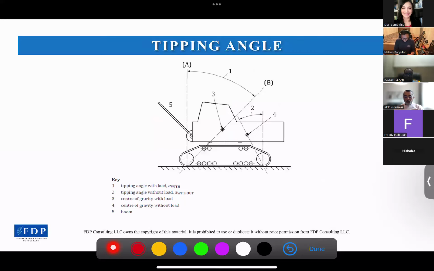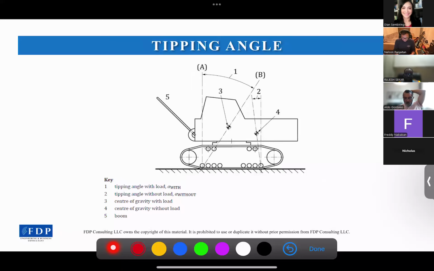And now for the crawler crane, the same concept is used here, the tipping angle is calculated according to where the COG is located. If the COG is close to the front tipping point, then we should calculate the tipping angle based on the distance of the COG to the front tipping point. And so on, if the COG is close to the rear tipping point, then we should calculate the tipping angle by referring to the rear tipping point.